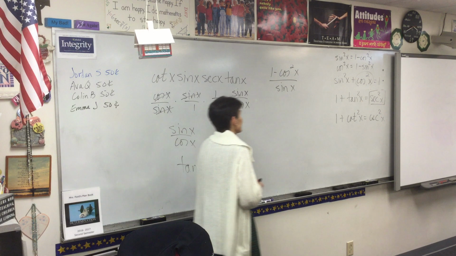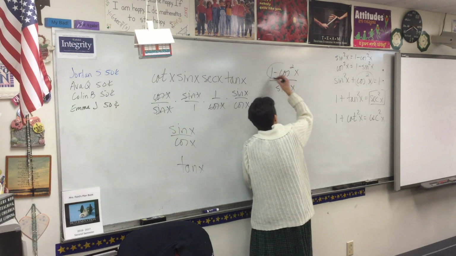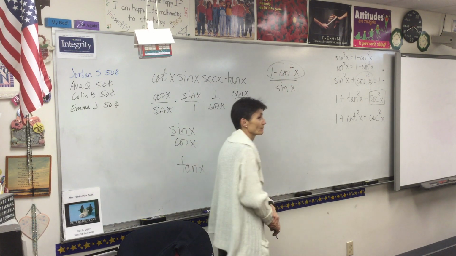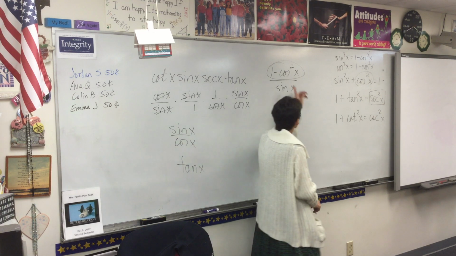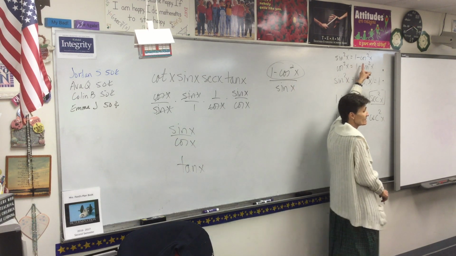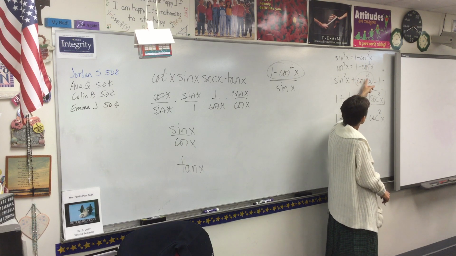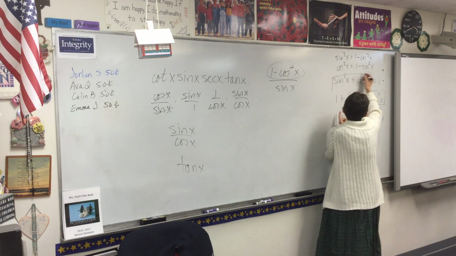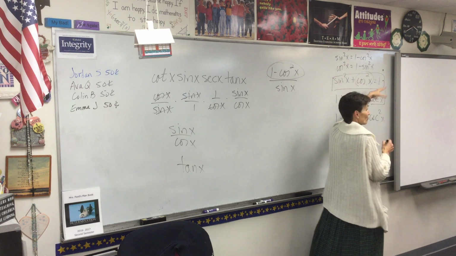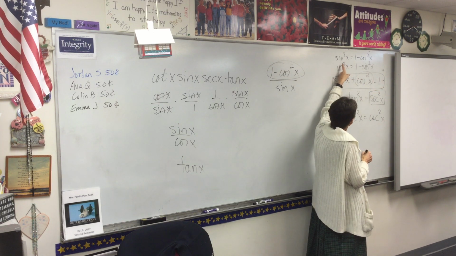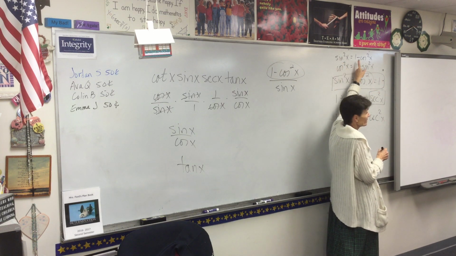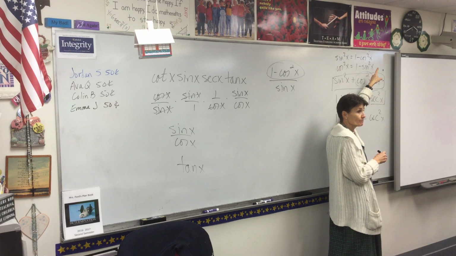Those of you that didn't get sine, take a look at this numerator right here. We have talked about that already today in a couple of different problems. If you take this main identity right here, you can rearrange things and come up with sine squared equals 1 minus cosine squared.